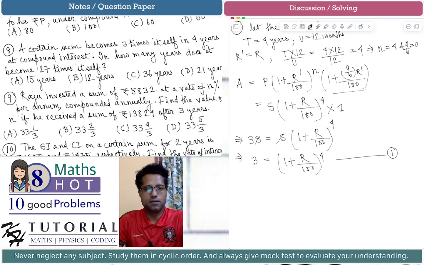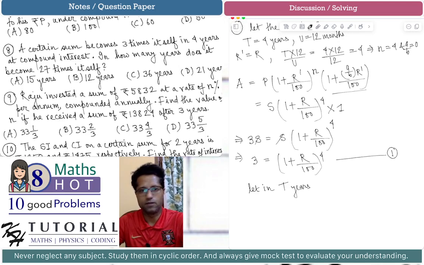Now it is asking in how many years does it become 27 times itself. So let's say in t years, the sum we have assumed to be s.